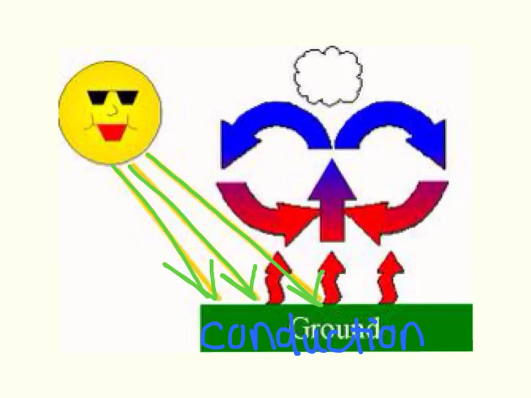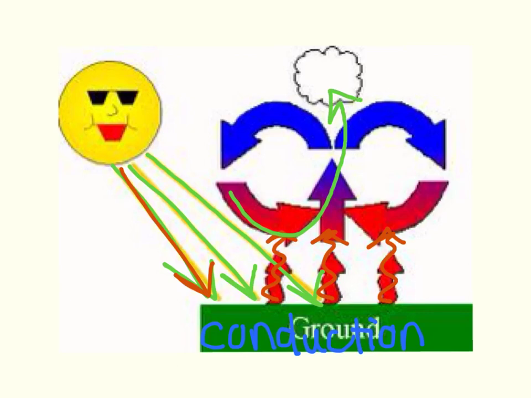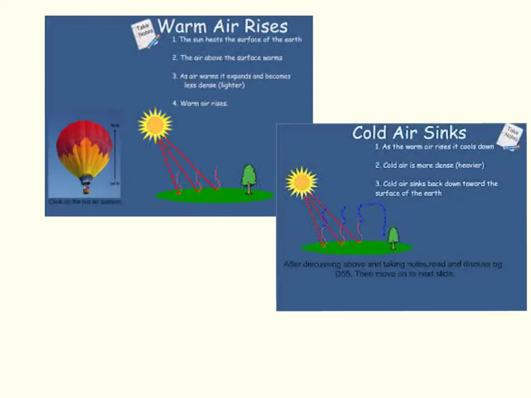Re-radiation helps get some of this energy from the sun back up into Earth's atmosphere, where convection helps that heated air travel upwards where it is cooled so that it may fall and be heated again.